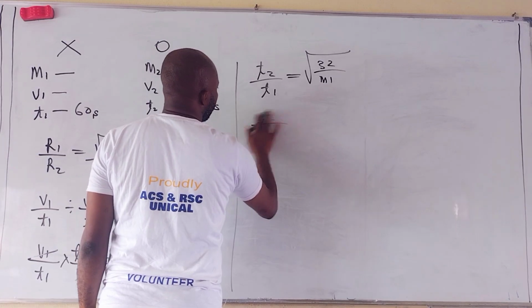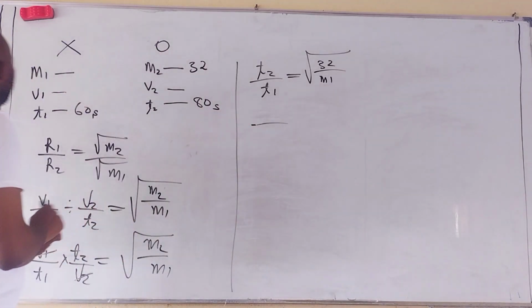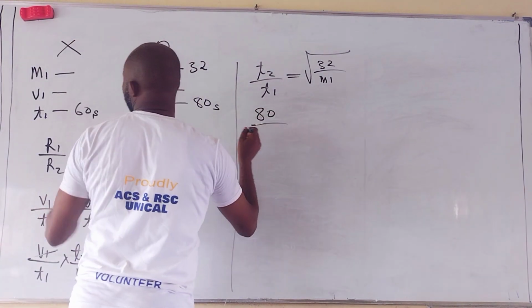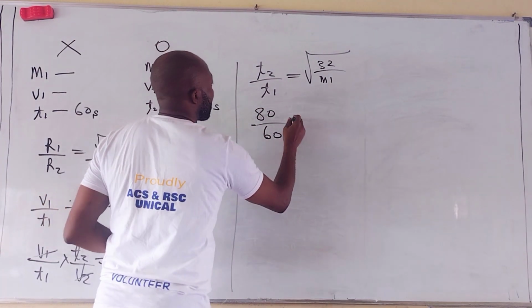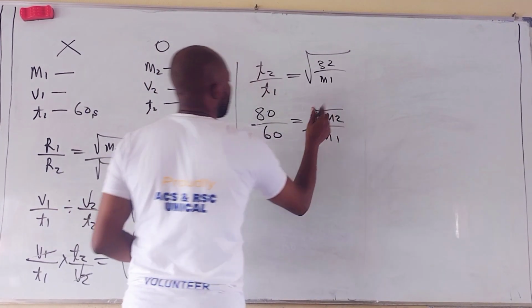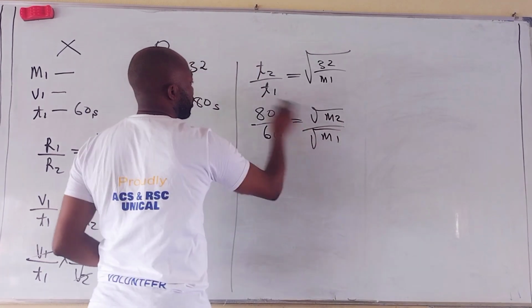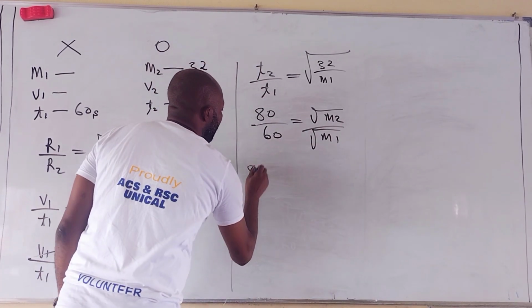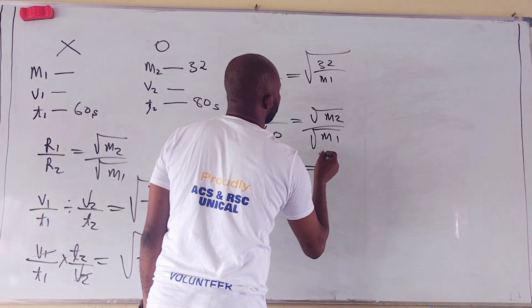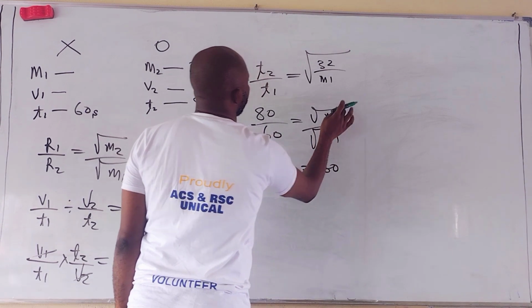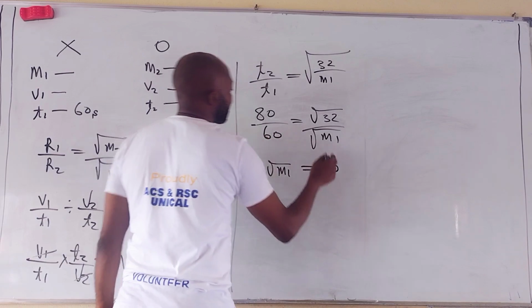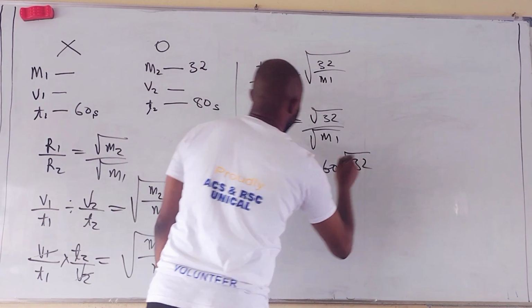Let's put the time now. T2 is 80 seconds. T1 is 60 seconds. This is equal to the root of M2 over M1. So now to cross multiply, I have 80 root M1 is equal to 60 root 32, since M2 is 32.